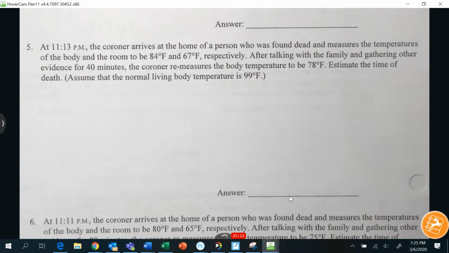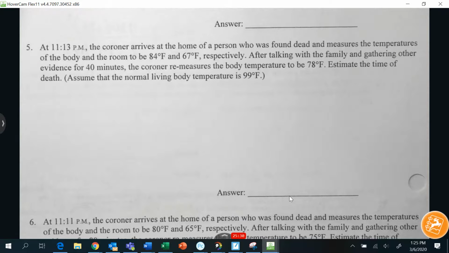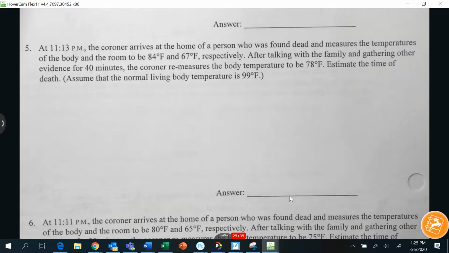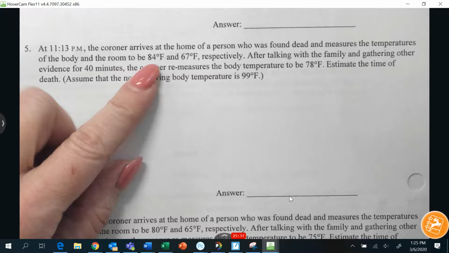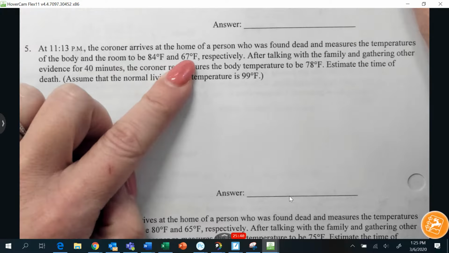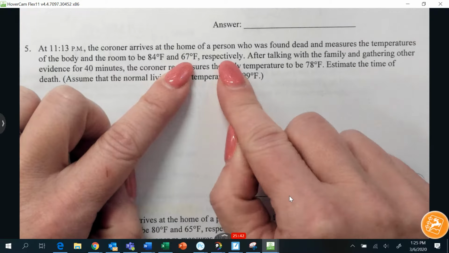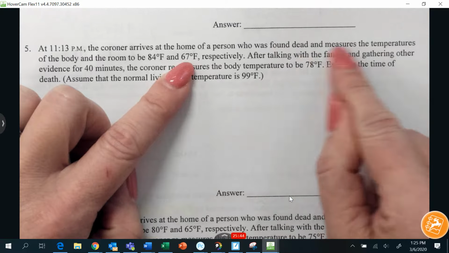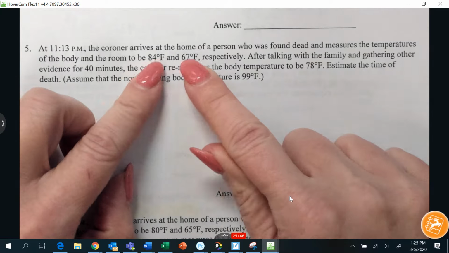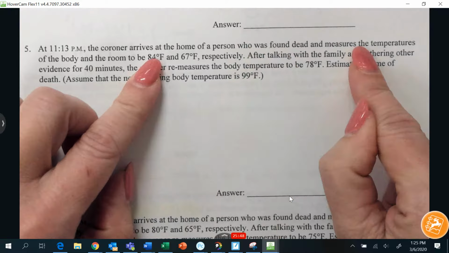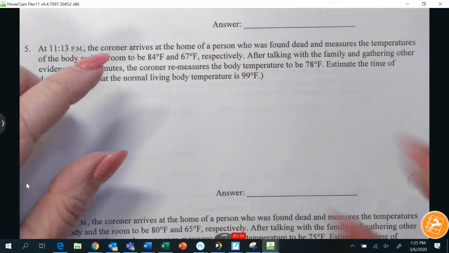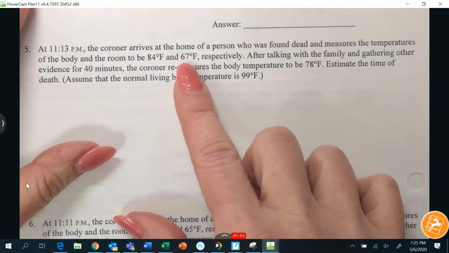At 11:13 p.m., a coroner arrives at the home of a person who was found dead, measures the temperature of the body, measures the temperature of the room, and it says the body is 84 degrees and the room is 67 degrees. Where it says respectively, that means the order in which they're saying it is the order of these temperatures.